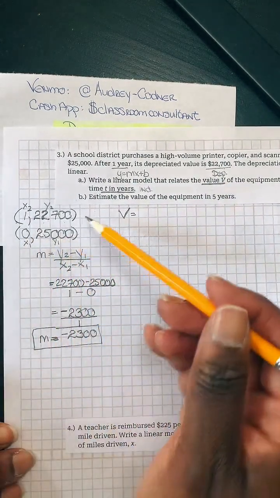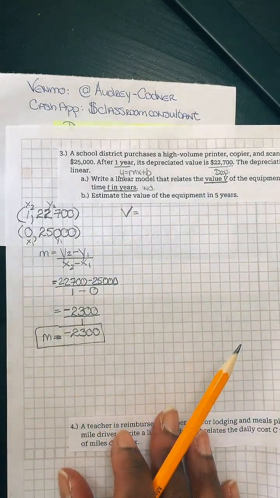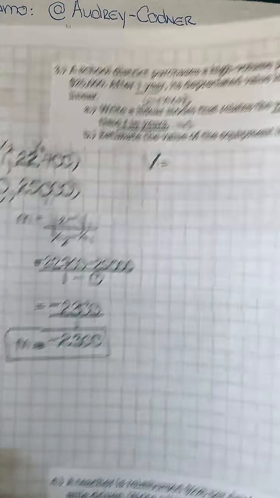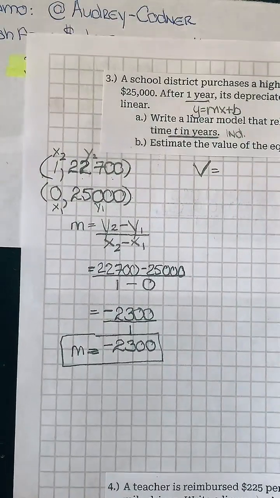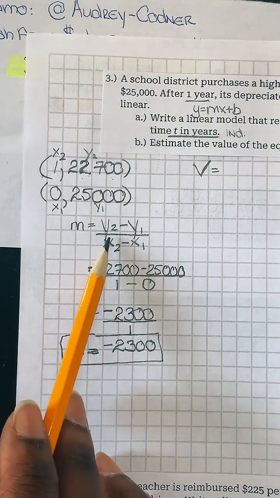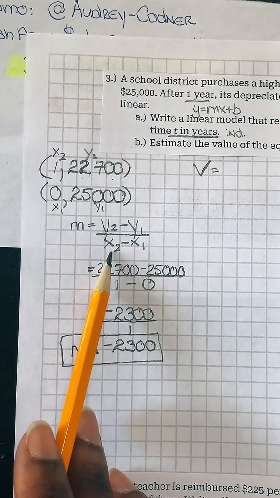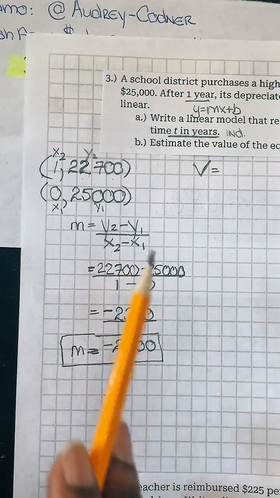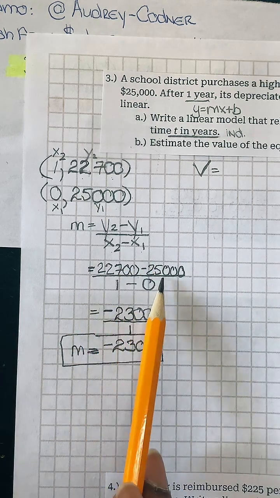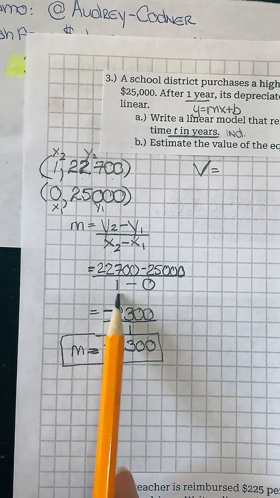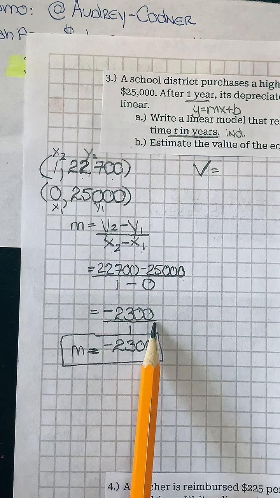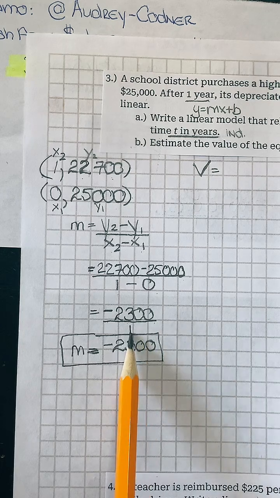That's where these points over here came from. Let me see if I can zoom in a lot. All right, so we had to find the slope. Remember, slope is the difference of your y's over the difference of your x's. So we have our 22,700 minus the 25,000 over 1 minus 0, which gives me a negative $2,300 over 1.